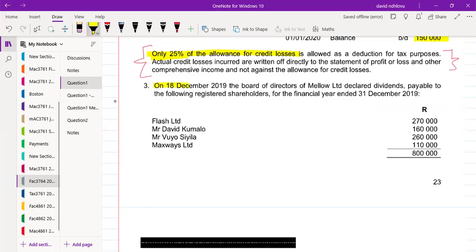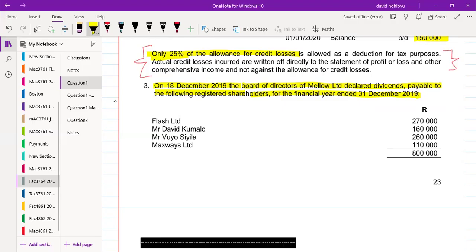Right, on 18 December 2019, current year, the Board of Directors of Melo declared dividends payable to the following registered shareholders. Remember, we want to calculate our deferred tax, but more importantly, we want to calculate something that affects the statement of P&L.